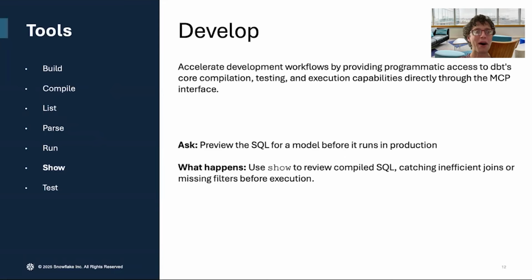This is all about writing and updating your dbt projects that sit on top of your data platform like Snowflake. And so over the past year, we have seen in software engineering this huge rise in first Copilot and then agentic development experiences. We're starting to see data teams get those same capabilities given back to them. And so the develop tools are how you integrate dbt development into an agentic loop.